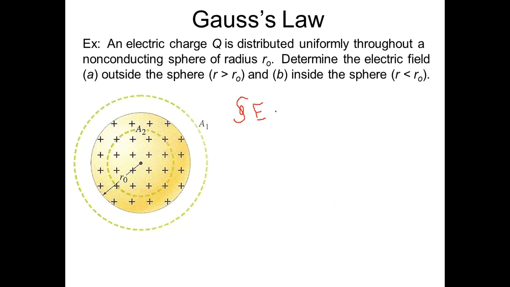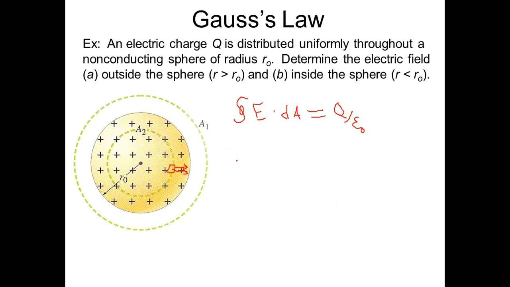So I have Gauss's law again. That's where I'm going to start off. And on this side, again, I'm going to have a certain amount of area here. So here's my area vector. I'm going to have an E field vector. Those are always going to be pointing outward because I have this net charge enclosed.